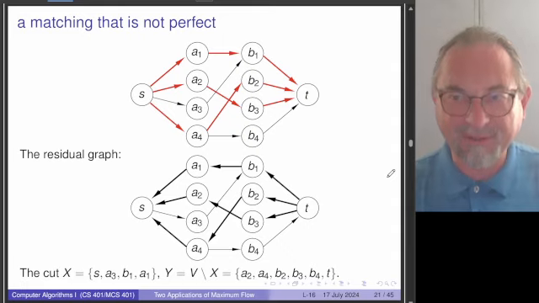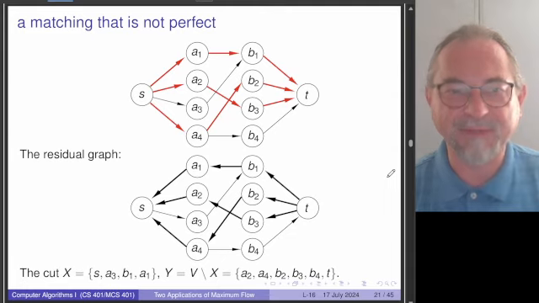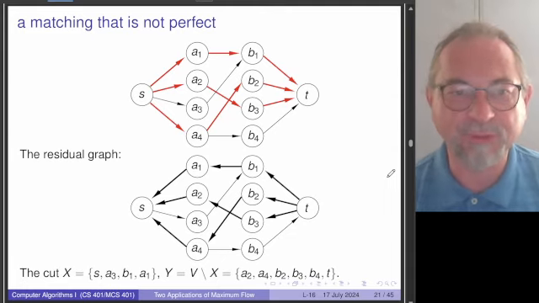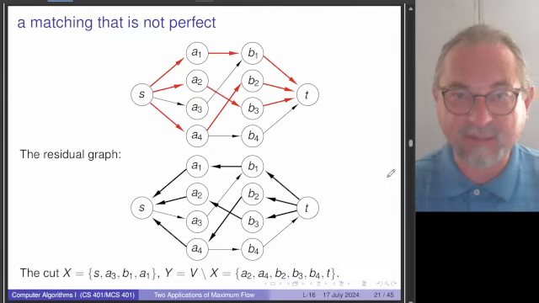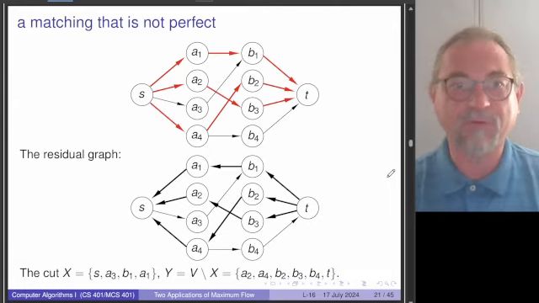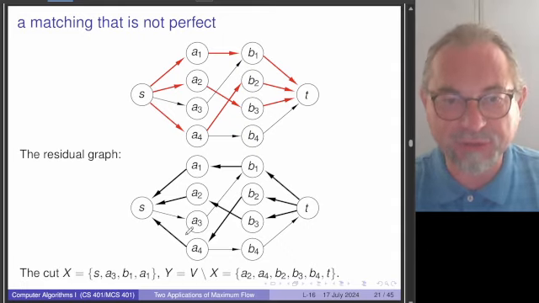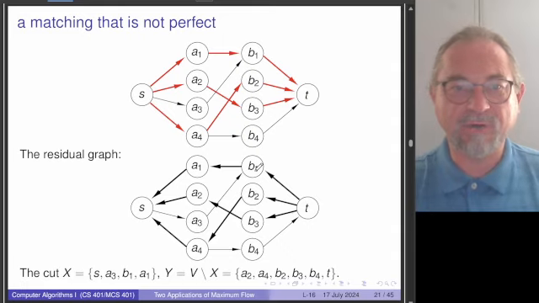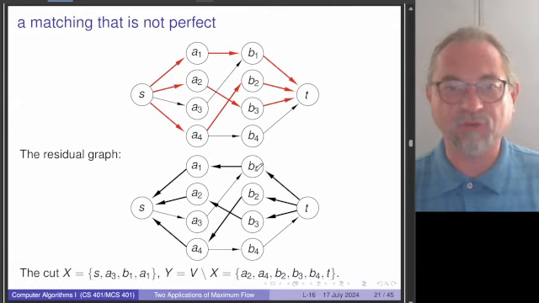We see it, but let me now say how you can compute it. If you construct the residual graph, which is the last step in the Ford-Fulkerson algorithm, then you can partition the vertices by looking for all the vertices that are still connected to the source.